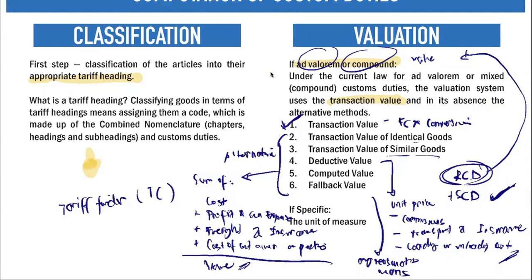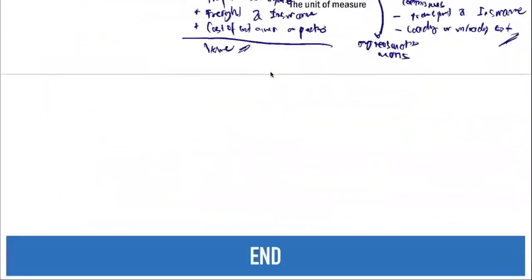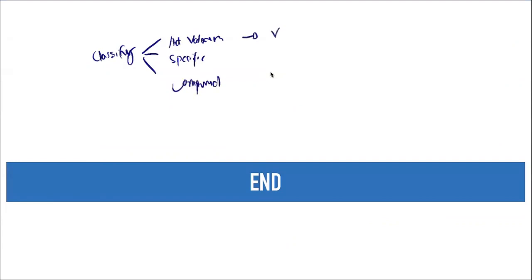Okay. Again, generally, customs is this way. First, we classify it. Upon classification, we determine if it is subject to ad valorem, or to specific, or to compound. If it's ad valorem, it is value multiplied by a certain percentage.